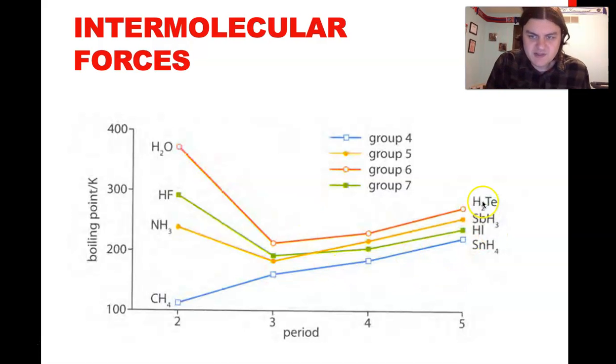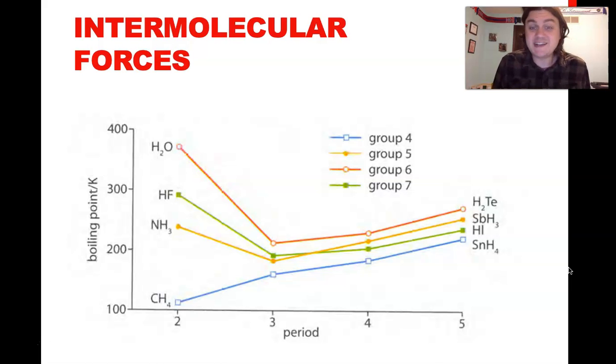What you'll notice for most of this chart is that as molecules increase in size, their boiling points increase. And that's exactly what we would expect to see because of van der Waals, the first intermolecular force that we looked at.